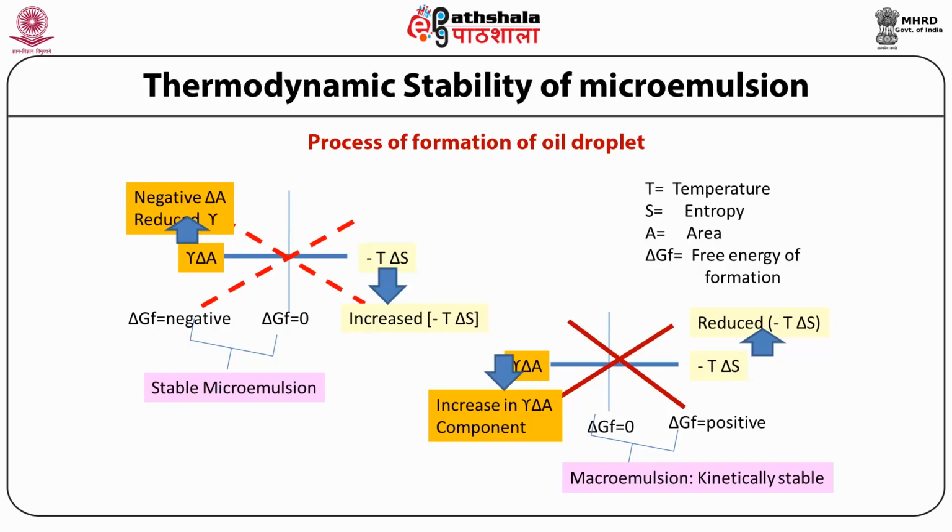This will increase stability, and the delta G value becomes negative, and negative delta G means a stable microemulsion.